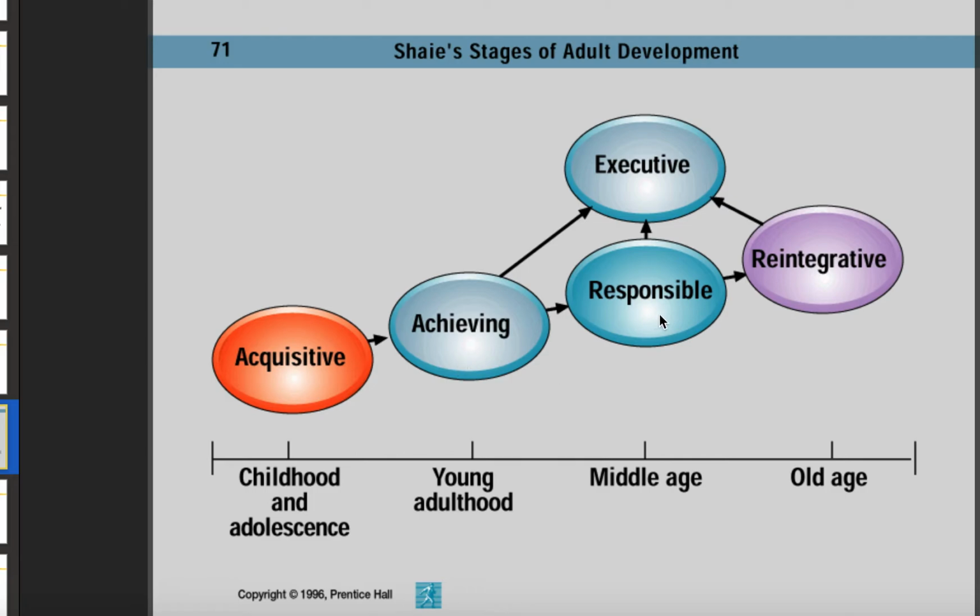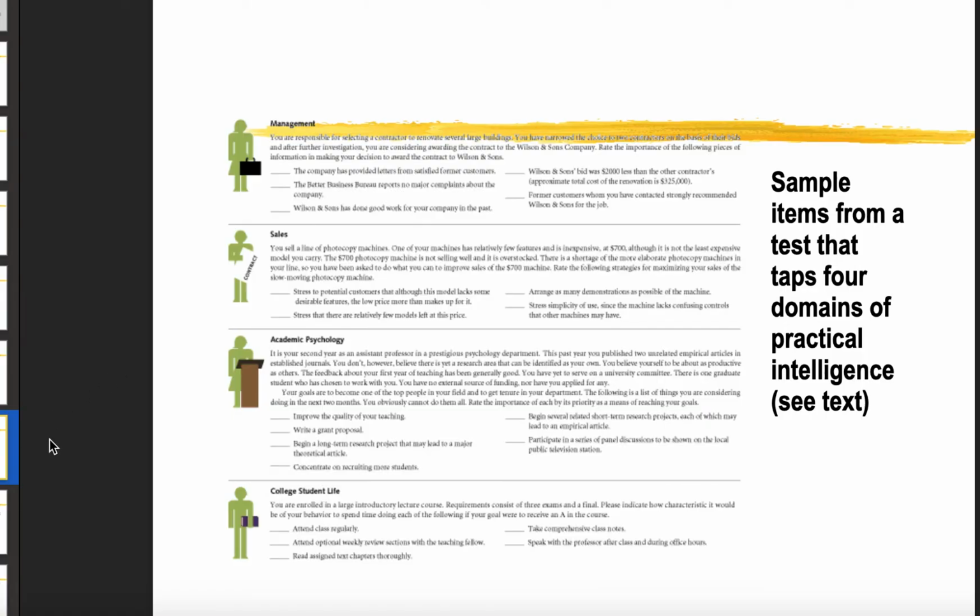As we go through, we gain more responsibilities, and we have to actually be able to execute these different responsibilities through our achievements. And then one thing that can happen here is that people can move in and out of different categories. And so what's really interesting is that there are concepts of continued development. And I think it will make more sense when I show you just a quick diagram here.